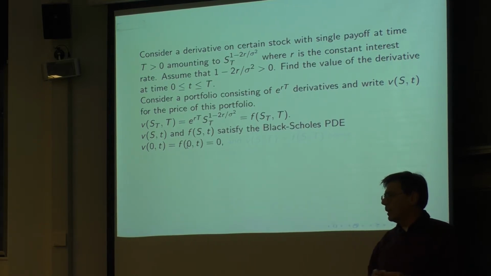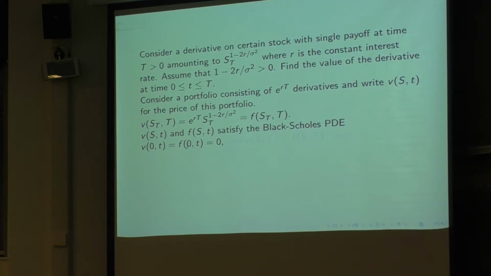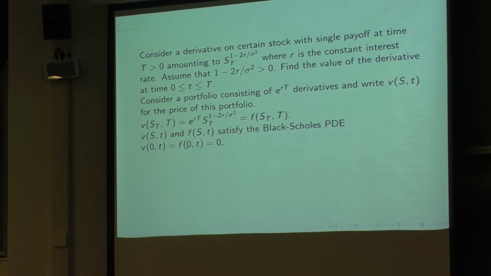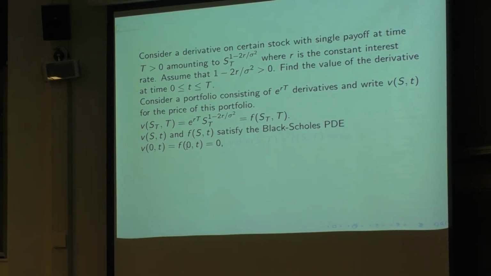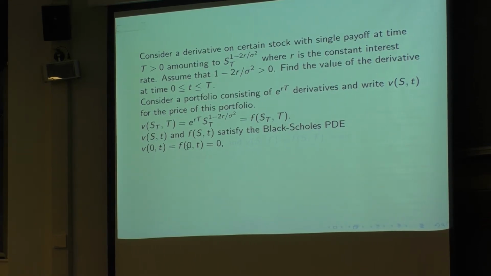Now, V is not quite the price of a derivative, it's the price of some number of derivatives, but the Black-Scholes partial differential equation, as you noticed in your homework, is linear. So if the price of one derivative satisfies the Black-Scholes partial differential equation, then some number times that price is still going to satisfy it. What I'm saying now is terribly important.